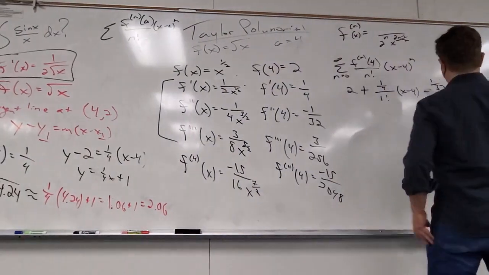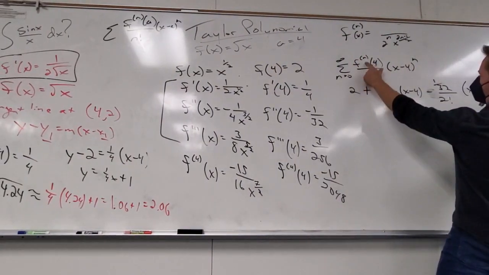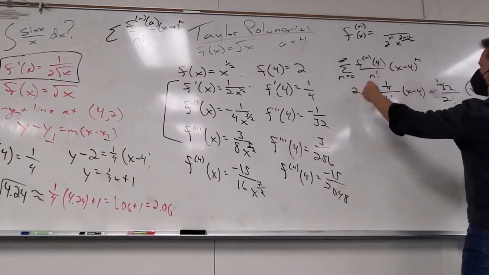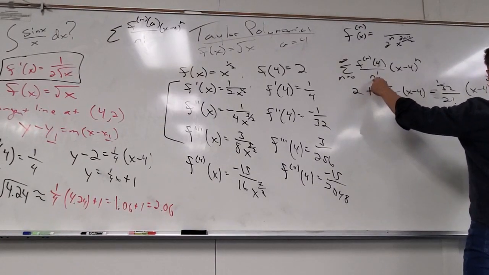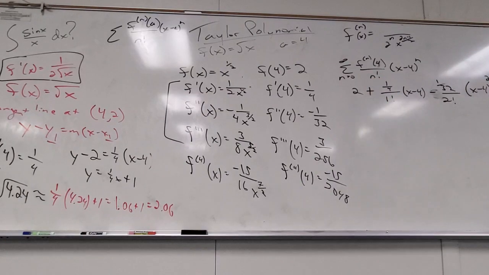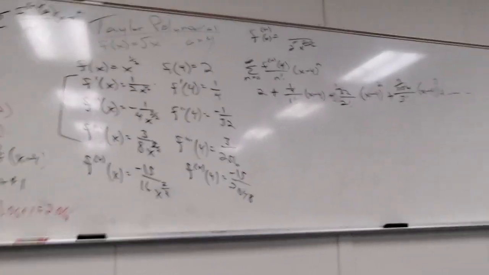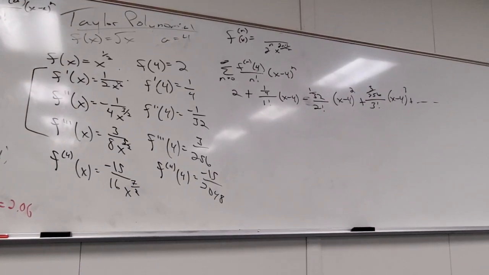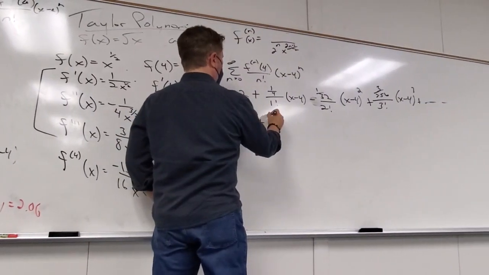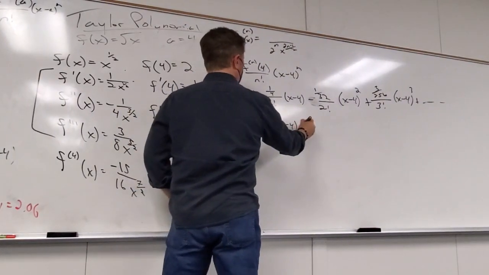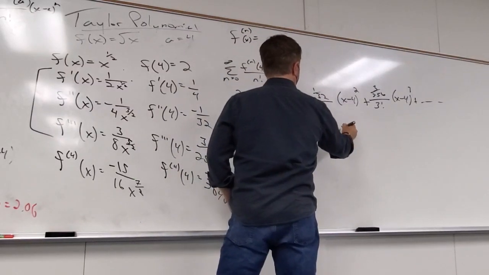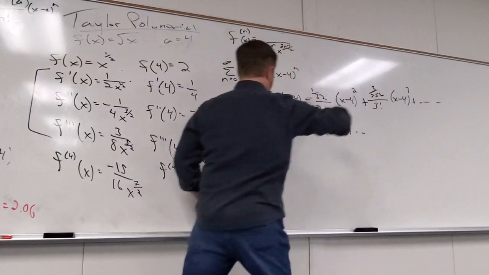Plus the third derivative evaluated at 4 is 3 over 256, over 3 factorial, times x minus 4 to the third. And there's more stuff out there. So look what I get right here: 2 plus 1/4 times x minus 4 minus 1 over 64 times x minus 4 squared plus so on.